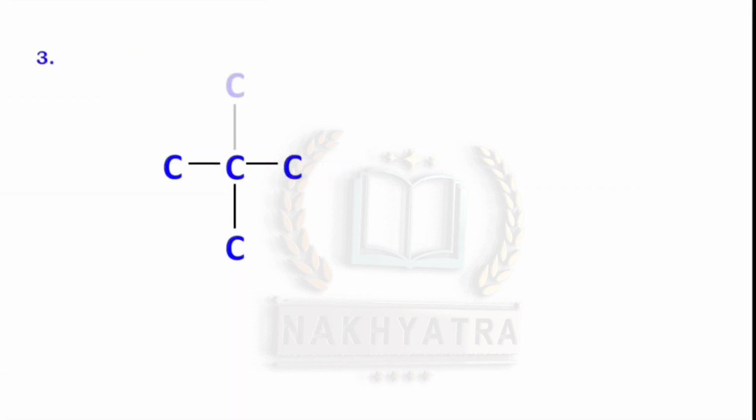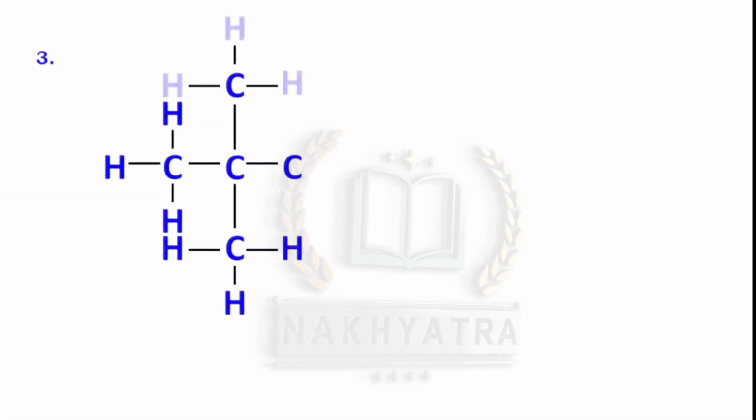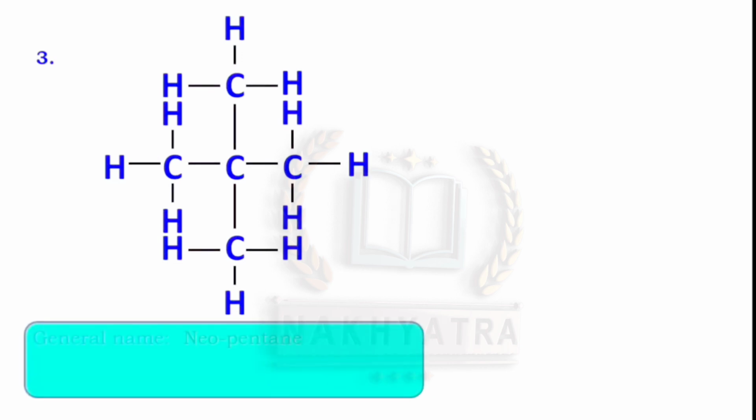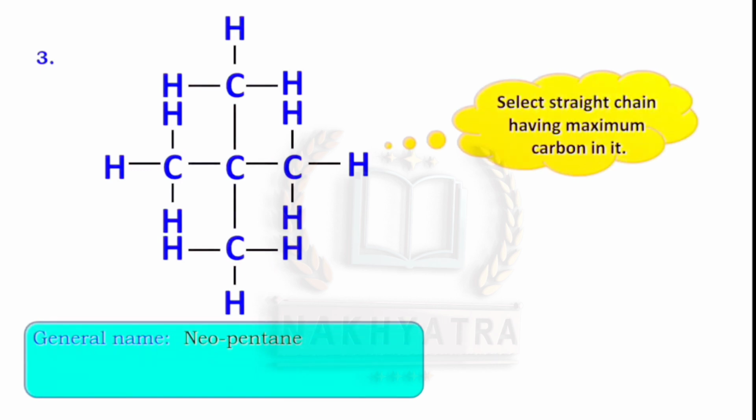Now see this isomer of pentane. Here you can see that two methyl groups are shifted to the second position of the carbon atom. One is above and one is below. So the general name is neopentane. Here also select a straight chain having the maximum carbon in it.